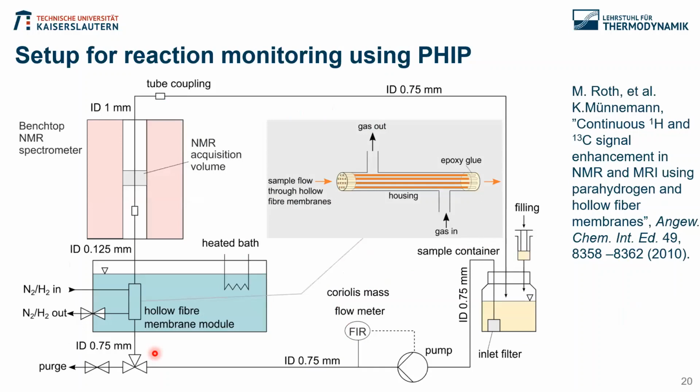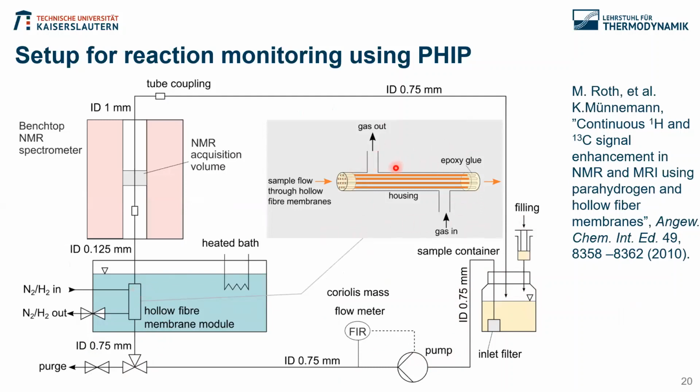So for the reaction monitoring, we chose this kind of setup where we have the reaction mixture sitting in this device. And then we just pump our reaction solution inside this kind of reaction chamber.